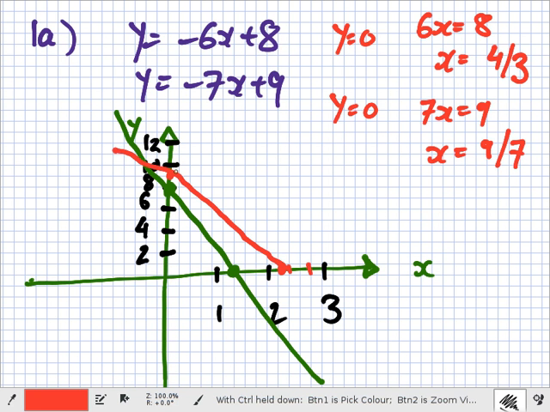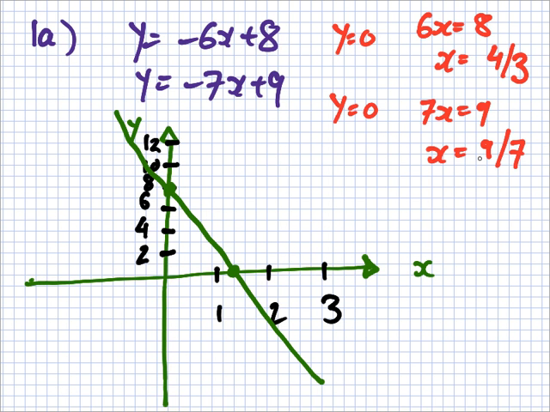Sorry, let's take that again. No, it's not. The x is 9 over 7, which is 1 and 2 ninths.